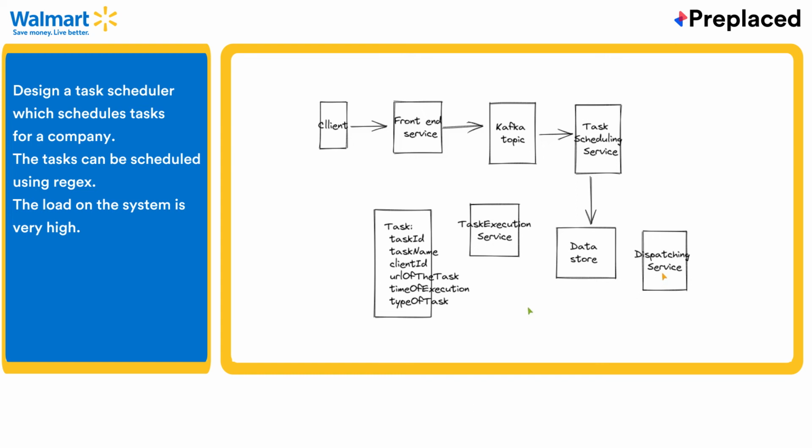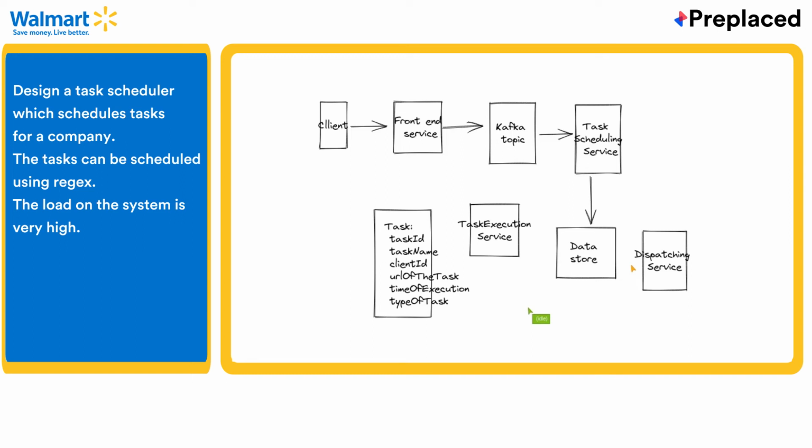But what will the dispatching service do now? I am having the same logic, that it needs not to spend much time on executing. Its only task is to dispatch. Let's see one thing for a queue, right? How many topics will you have?